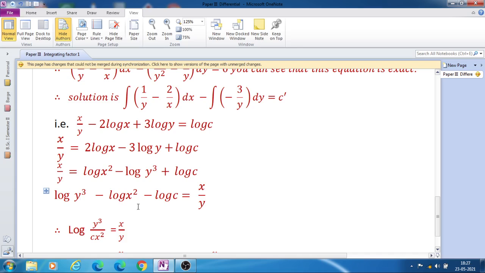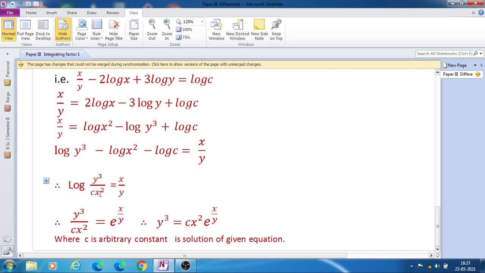Therefore, log of y cube divided by x square into c is equal to x upon y. Eliminating the log, we get y cube upon c x square is equal to e raised to x upon y. Therefore, y cube is equal to c x square into e raised to x upon y. Here c is an arbitrary constant, and this is the solution.